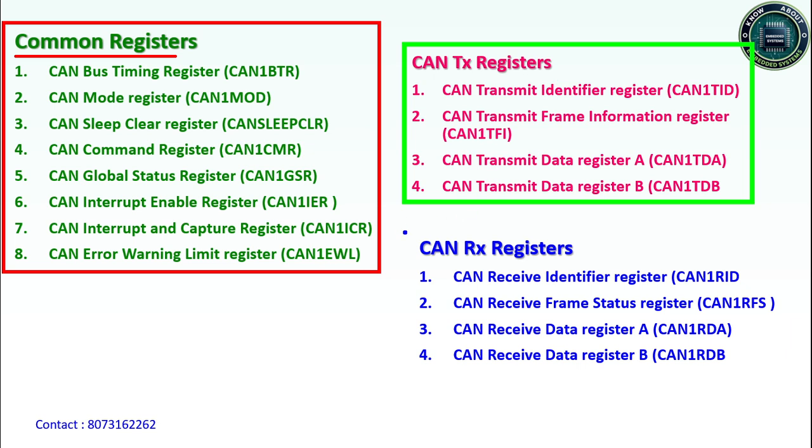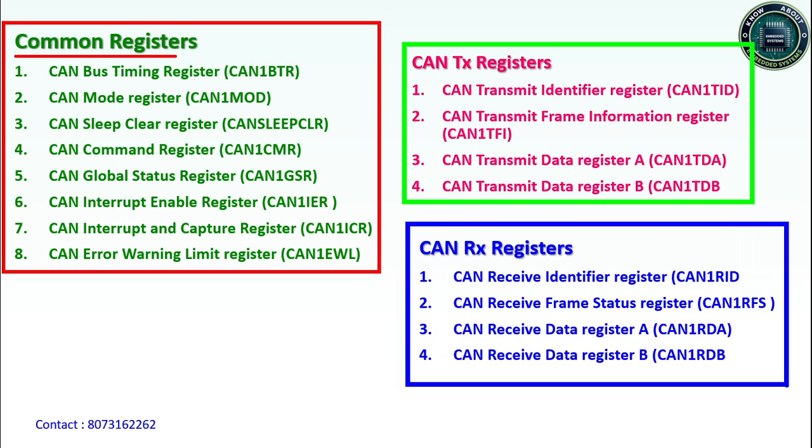Similar to that, the registers which are available on the receiver side. So the complete register set is classified into three parts: common registers between transmitter and receiver, transmitter registers, and receiver registers. Like this it has been divided. Now one by one we will see.